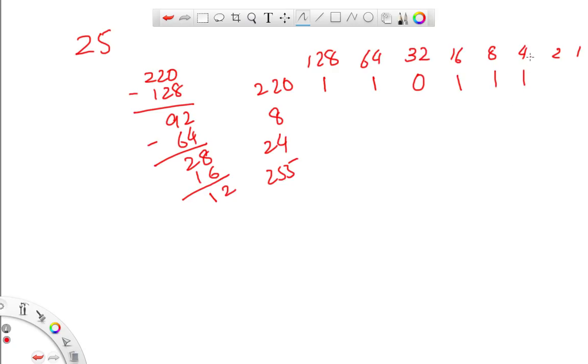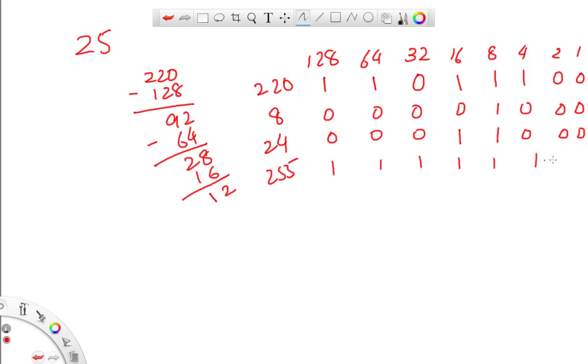Okay, and the rest 2 are 0. Then 8, you're having just 1 in here, and you're having all zeros. And then you're having 24, which is 16 and 8. Yep, so 16 and 8 will make a 24. And obviously, 255 is all ones.